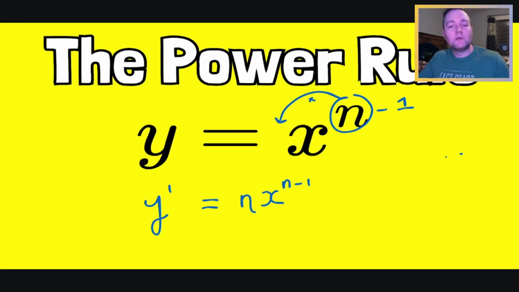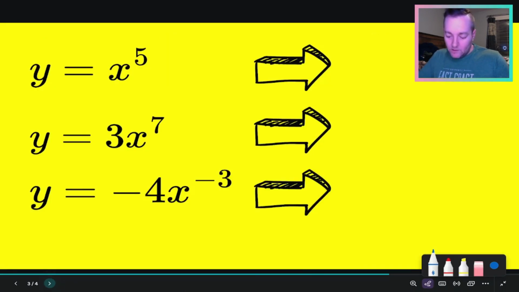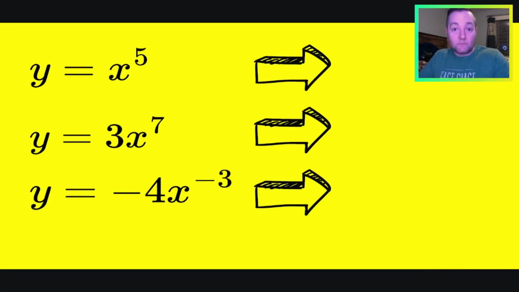Let's see it in action, and let's actually put it to use. We'll start with this one. y is equal to x to the 5. If you look here, that 5 is going to multiply whatever coefficient I have in front, and then I'm going to subtract 1 from the exponent.